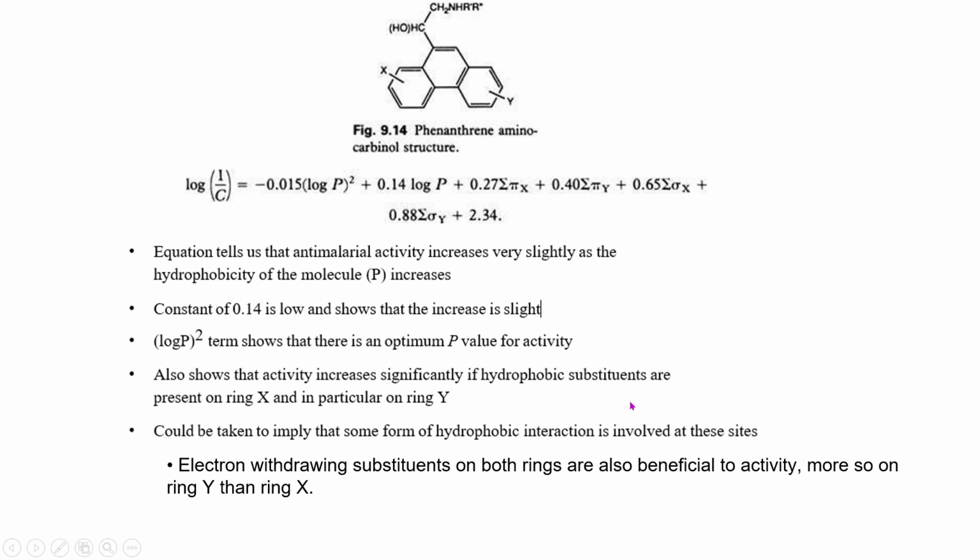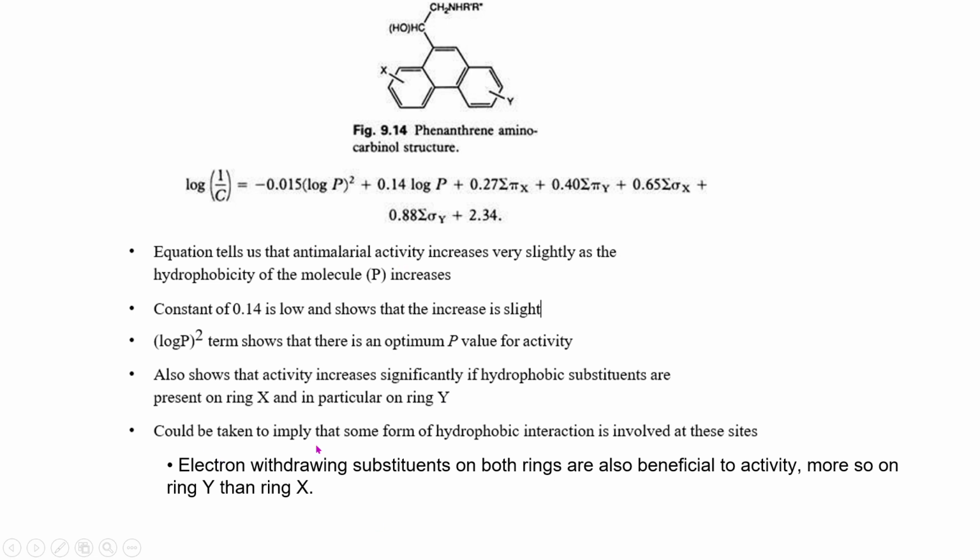Increased hydrophobicity will increase the log P values, and ultimately they will increase the biological activity, particularly on the wiring. So substitution X and substitution Y. Suppose we substitute anything which is going to increase the hydrophobicity of the molecule, which will increase the log P values, and ultimately it will increase the anti-malarial activity.